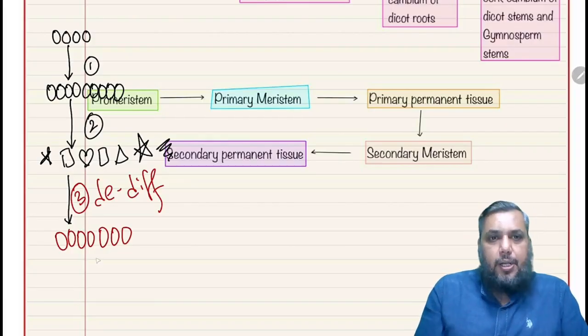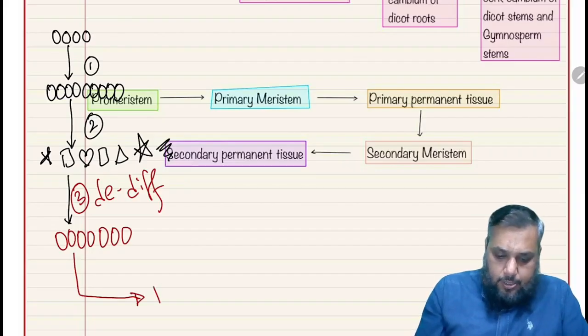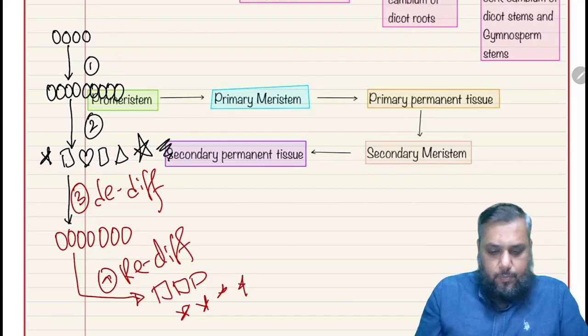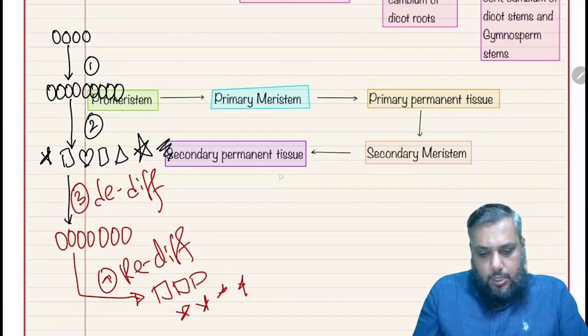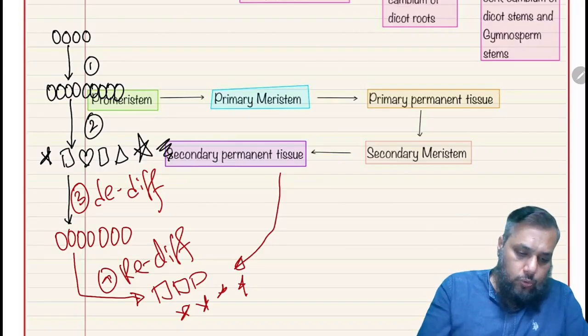Now the secondary meristematic cells once again result in the formation of a new permanent tissue. This process is called redifferentiation. That redifferentiated tissue is the secondary permanent tissue, and such growth is also called secondary growth.